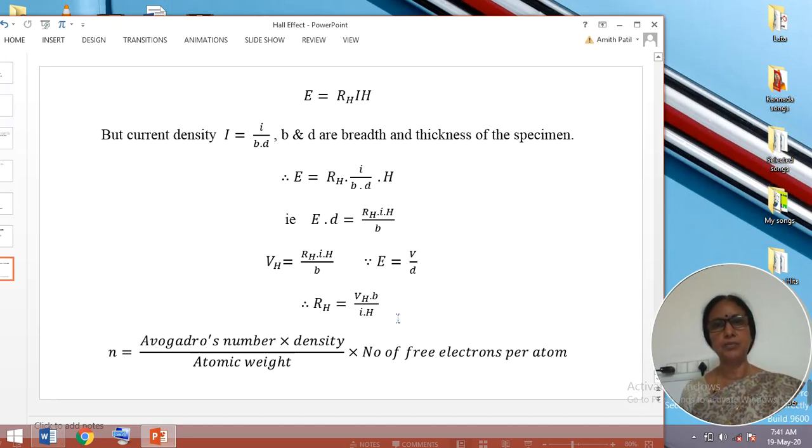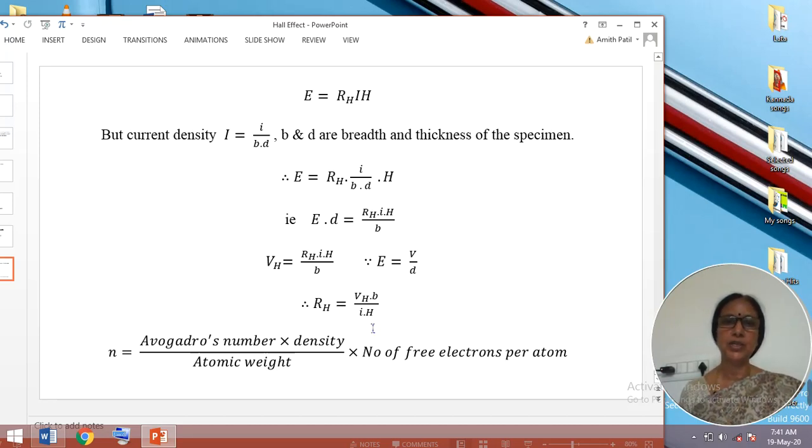The next importance is that one can measure the mobility of the charge carriers, and if the Hall constants, that is the breadth and RH, are known, then you can even measure a magnetic field by knowing the Hall coefficient. One more important thing we can measure is the concentration of the charge carriers, experimentally.